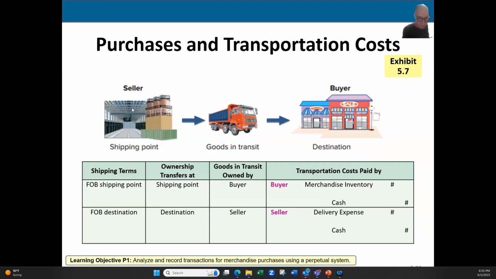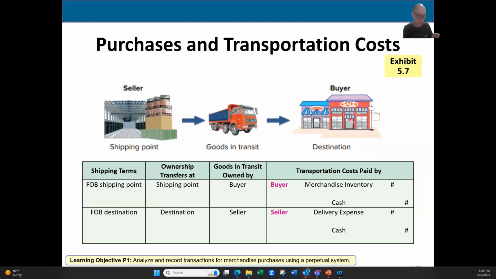All right, cool. Earlier I told you about the shipping situation. It's all about who's responsible for the goods while they're in transit. So, as I had mentioned, free on board destination simply means that the ownership is transferred at the destination point, usually the buyer's location.